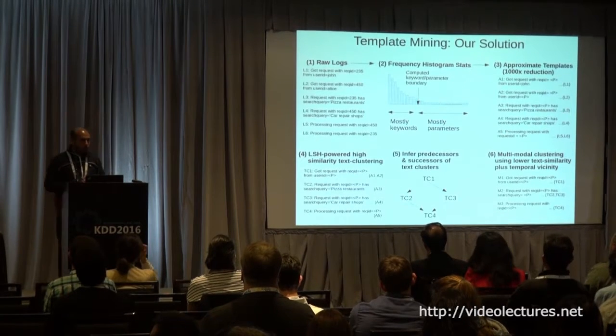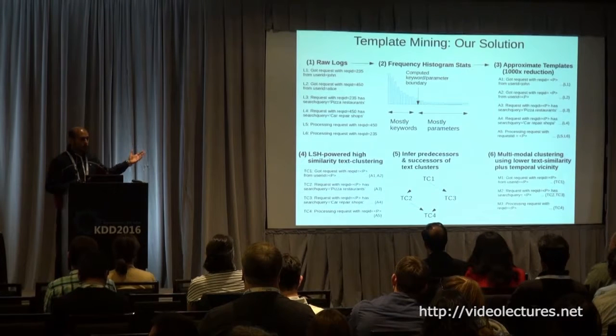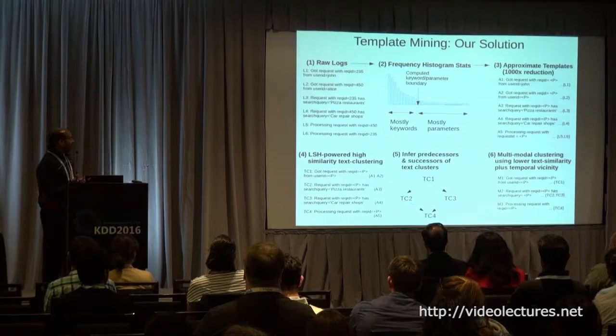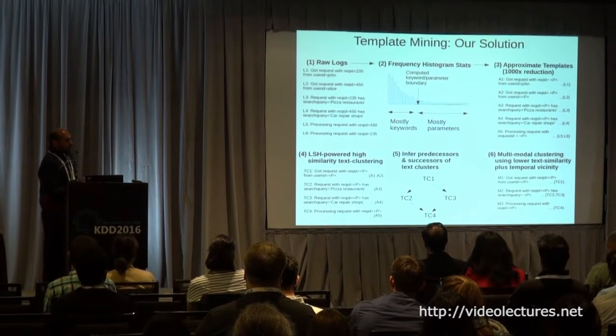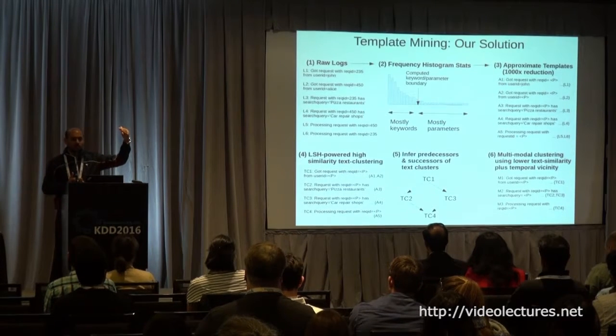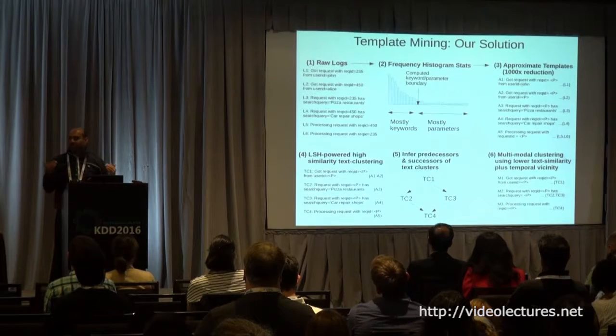Now let's take a look at what our solution approach is to overcome this problem. I'll come to the sequence mining after this, okay? So at a very high level, what we essentially do is, instead of just leveraging the text signal, we leverage the multimodal signal of what precedes and what comes after each log line. The basic intuition is this, right?